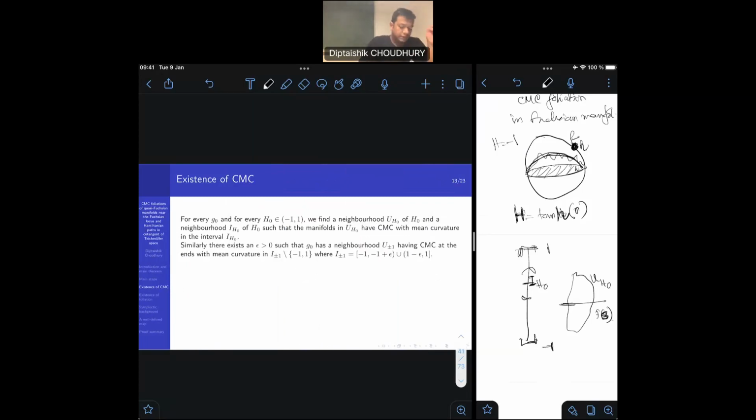So there exists an epsilon, so if you had taken this neighborhood of 1 minus epsilon, 1 and -1, -1 plus epsilon, then correspondingly there are these neighborhoods of the Fuchsian locus because there are neighborhoods of every quasi-Fuchsian manifold. So in particular the Fuchsian locus, which is this set of the ends being foliated by the CMC surface.